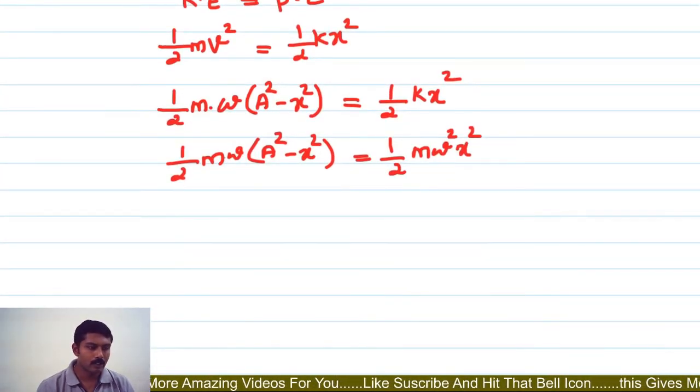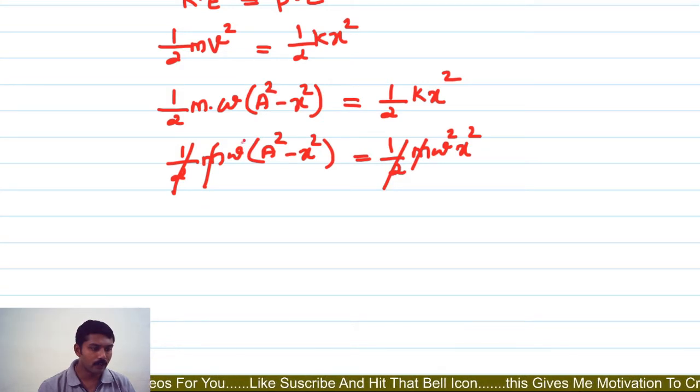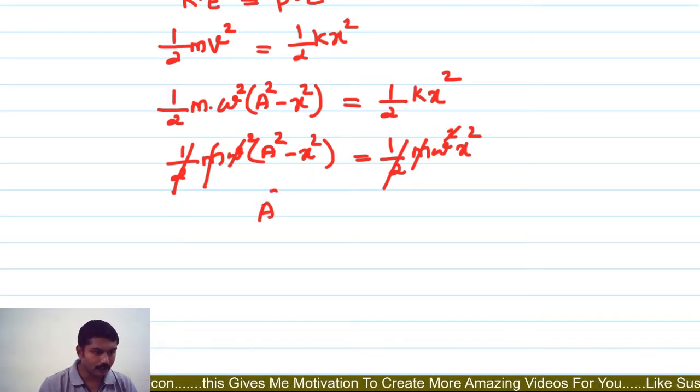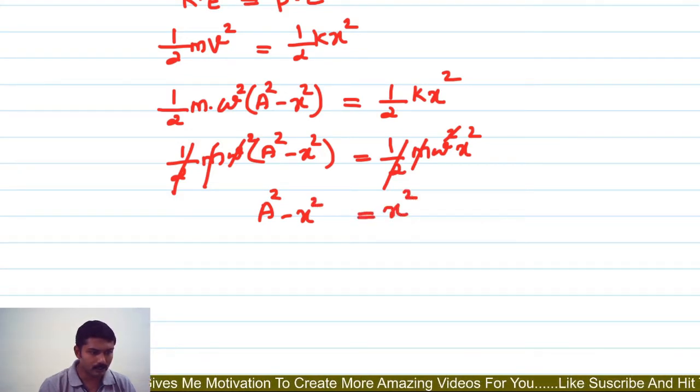So what you will get: the half and half will cancel, m and m will cancel out, and omega square cancels out from both sides. The equation becomes a square minus x square equals x square.